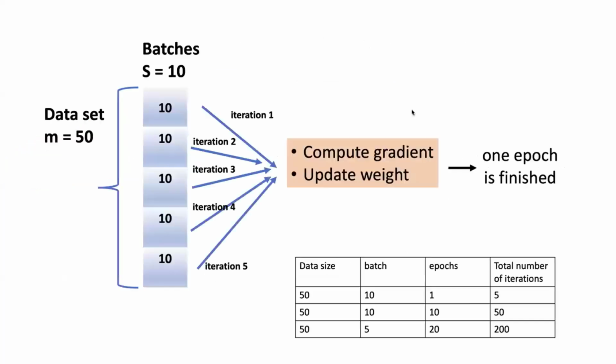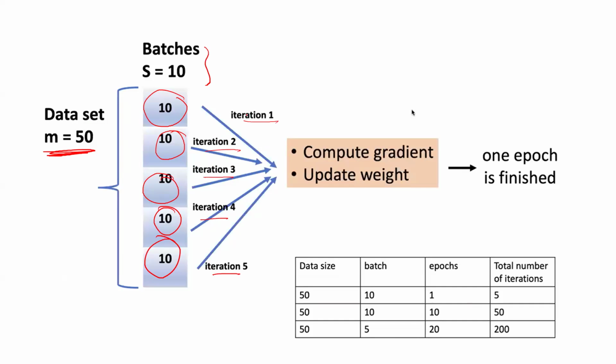So if you can see it in stochastic gradient descent, for a data set of m equal to 50, we have batches of size s equal to 10. So we are splitting the data set into multiple batches, that is 10, 10, 10, 10, 10. Each batch of size 10 is applied, and these are iterations 1, 2, 3, 4, 5.